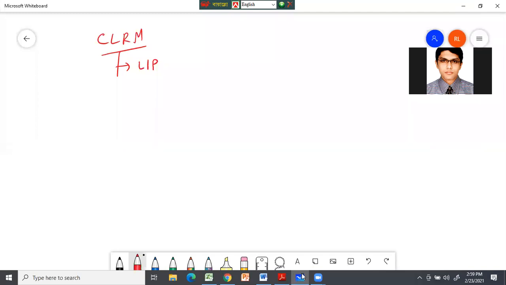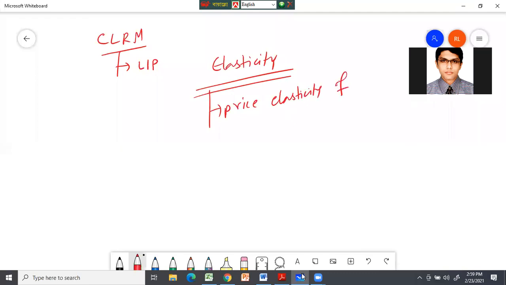It means, for example, as I say, elasticity. So elasticity is what? Elasticity measures the relative change or percentage change or proportional change. Say, if I say price elasticity of demand, it means this elasticity actually measures the percentage change in the demand due to the percentage change in price.